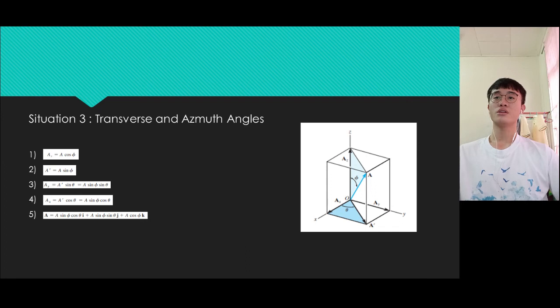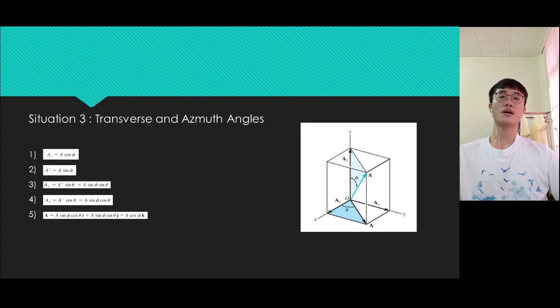For situation 3, when we are requested to resolve the force into x, y, and z components with the information of transverse and azimuth angles given based on the diagram, first we need to resolve A to become Az by cos of the phi angle, and then resolve A to A prime by sin of the phi angle.